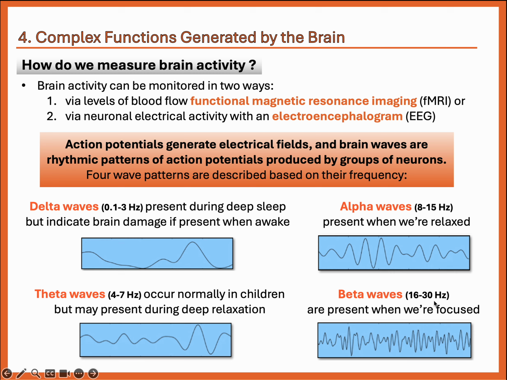Beta waves, 16 to 30 hertz, are present when we're very focused. It looks like a focused wave here. You see how the time between the waves is very small, because the frequency of the waves is a lot higher. They're called beta waves, and they're present when we're focused.